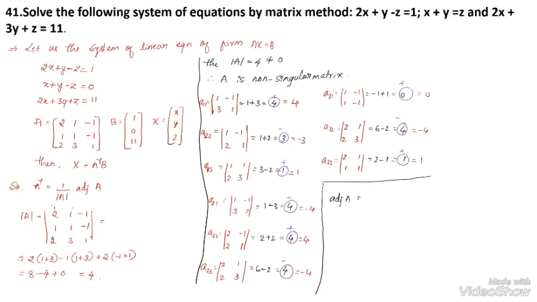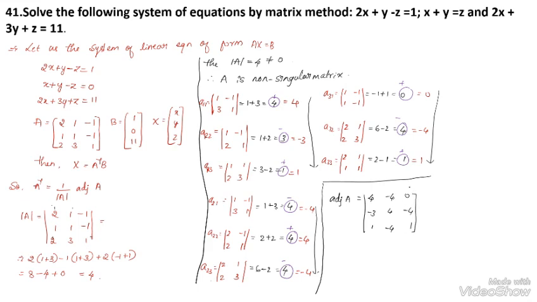Adjoint of A, by definition, means the transpose of the cofactor matrix of the given matrix A. So I can write it in column form. That is the transpose: 4, minus 3, 1, minus 4, 4, minus 4, again 0, 4, 1.